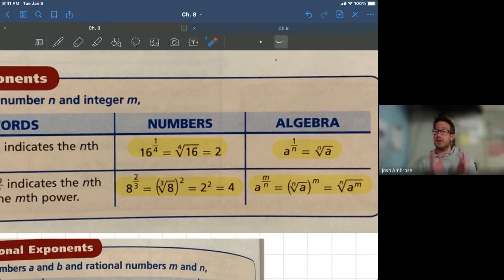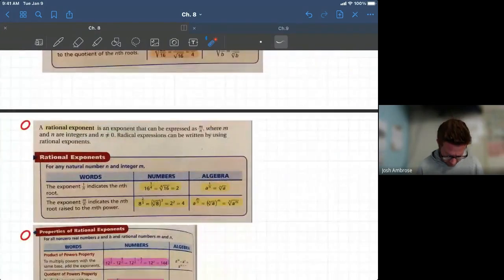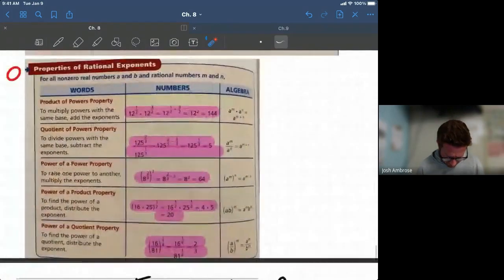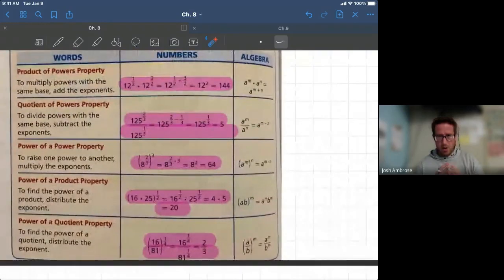Okay, it's important that you know how to go both directions here, whether they give you a radical to start with or they give you a fractional exponent to start with, and then you're going to have to convert that. All right, and then right here, they're just giving you all the basic properties.